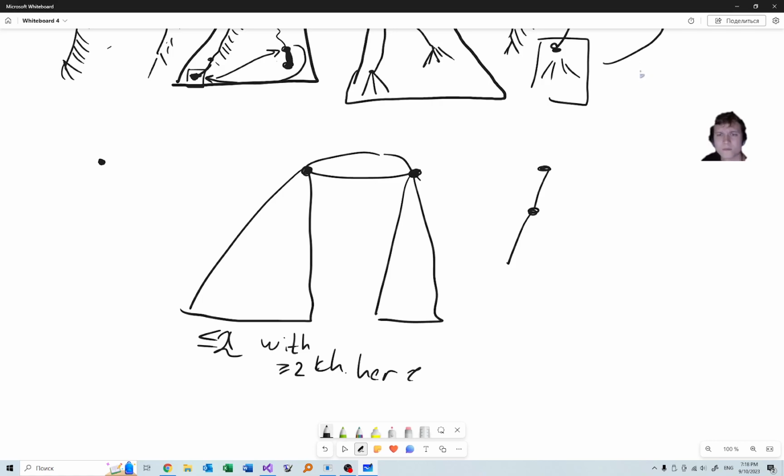Yes. What then? So what are some bad configurations? For example, 3, 3, 3, and 4. It might be bad. No, actually, if here there are exactly two vertices with branching, and here there are exactly two vertices with branching, then everything is kind of fine.